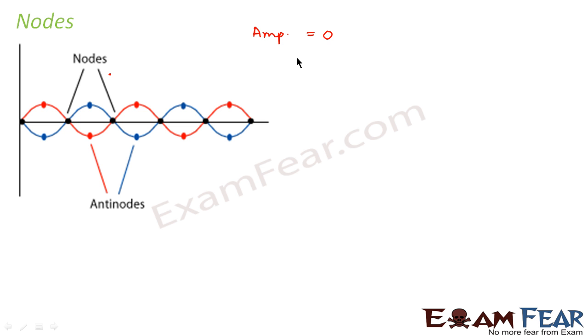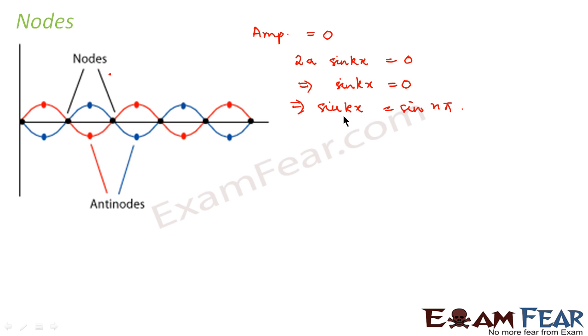Just now I told you what represents amplitude in the case of a standing wave. It is the term 2a sin kx. So this term represents amplitude, which means this is equal to 0. This implies that sin kx is equal to 0. Now we can write this as sin kx is equal to sin n pi.